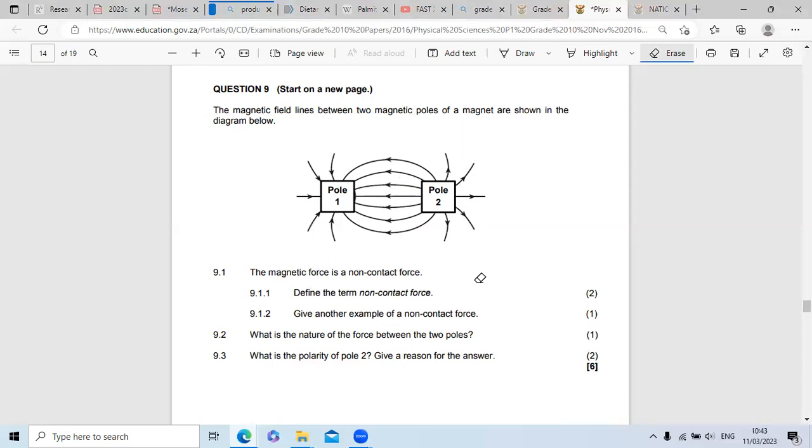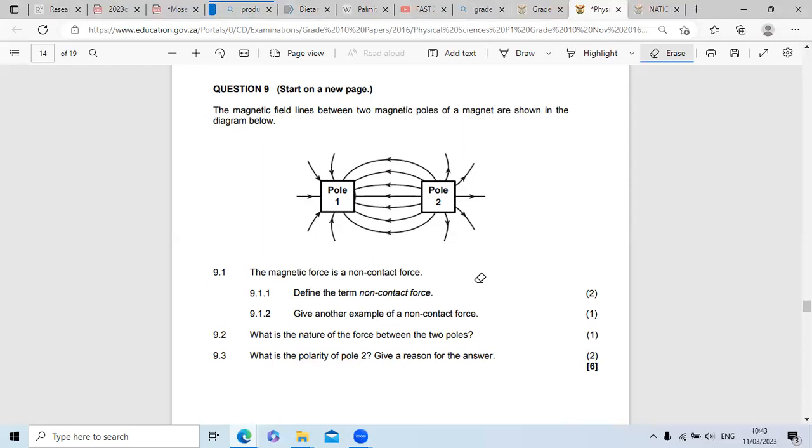Exactly. And the reason that you must give is the reason that I gave you. You can look at the direction of the magnetic field lines.